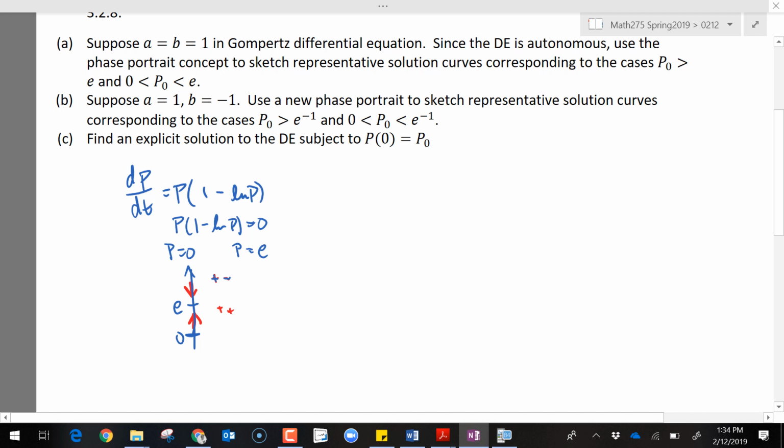So I don't know if 0 is stable or semi-stable. It can't be stable because the arrow is going away from 0. So it's either unstable or semi-stable, depending on what happens down here, but we don't care. We know that e is a stable equilibrium.